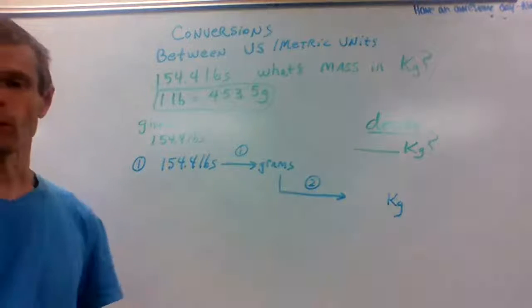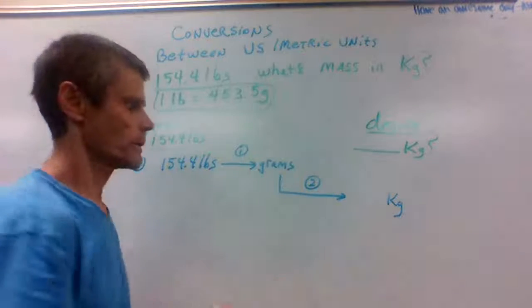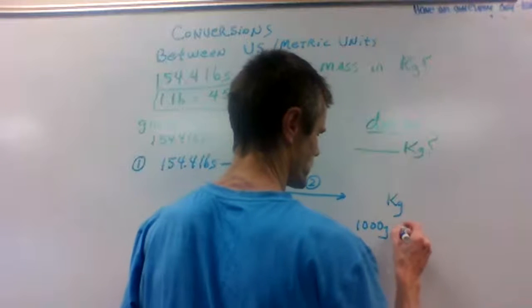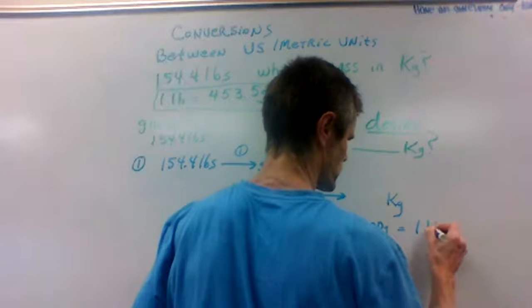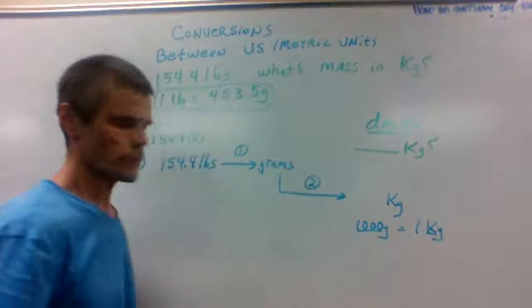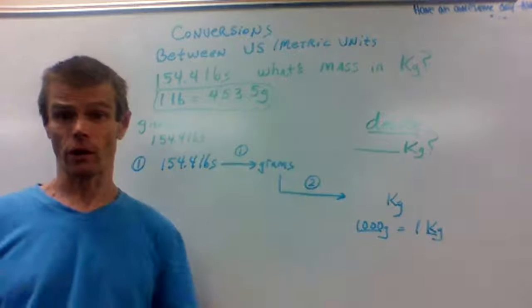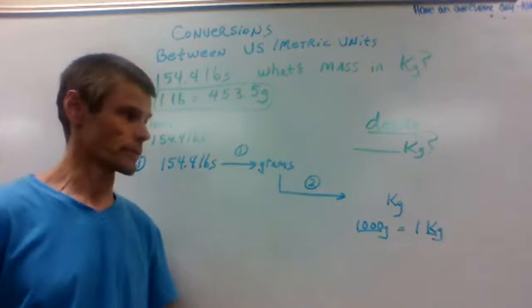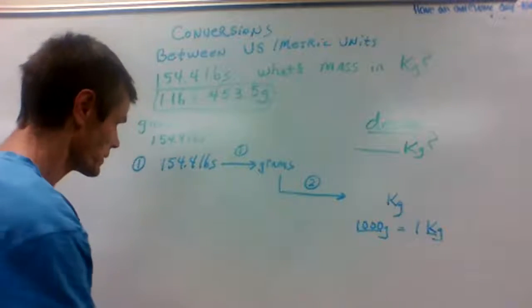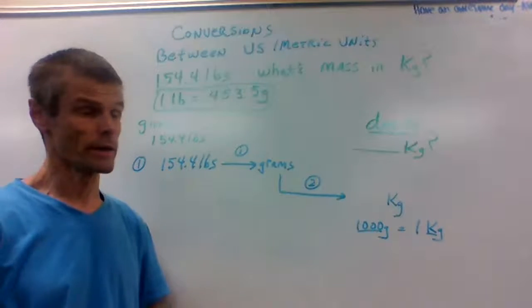In this step, we're going to use something that's not given to us, but we should know: 1,000 grams is equivalent to 1 kilogram. 1,000 represents our prefix kilo. So this we should know from our table for metric prefixes. So let's go through these 2 steps individually, and then we'll show how we can solve this problem in one single step.